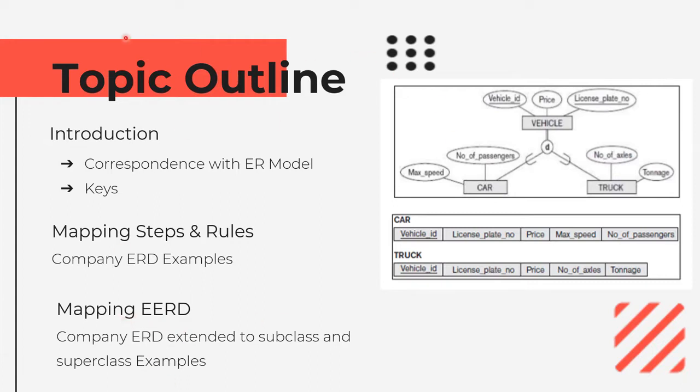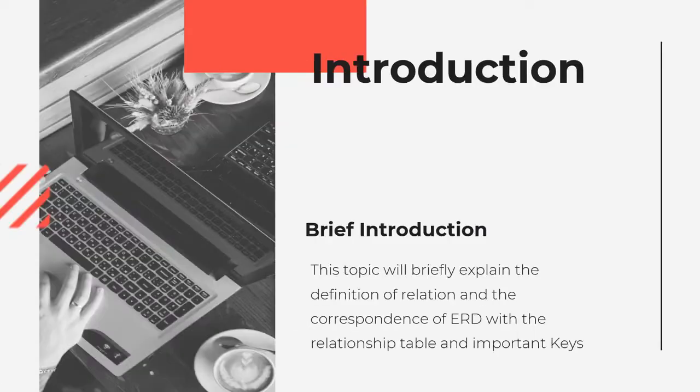So let's recap what you learned previously in mapping the ERD to the relation diagram or relation table. Briefly, the introduction will explain the definition of a relation and how important the keys are in this topic.